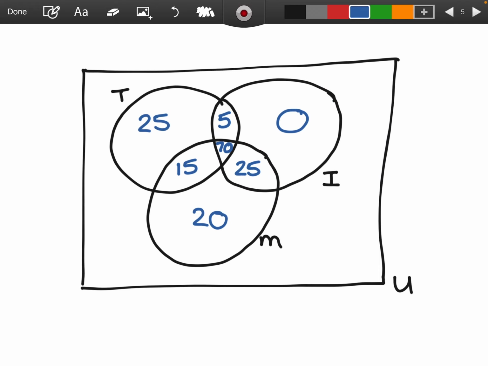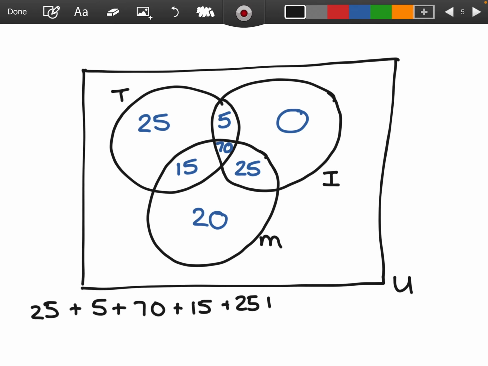The issue is we were told at the start that we have 170 people in total, 170 clients in our universal set. So there are some of these clients that this advertising agency has looked at that don't use any of these 3 types of media. Okay, they don't use TV, they don't use internet, and they don't use mobile apps. So they're still in my universal set, they're just not in one of my 3 subsets here. So what you have to do at this point is add together all the numbers that we have.